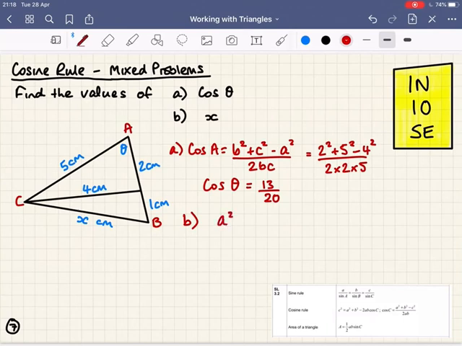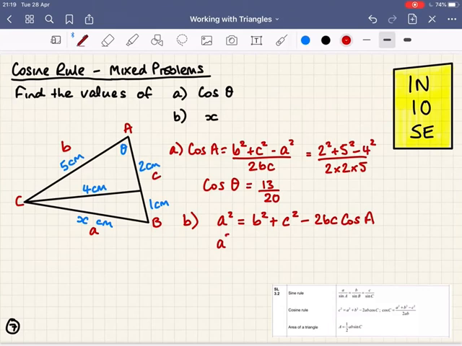So a squared equals b squared, because this would be side A, this is side B, and this is side C, in that triangle. B squared plus C squared minus 2BC cos A. And then I'm just going to substitute my values in there.